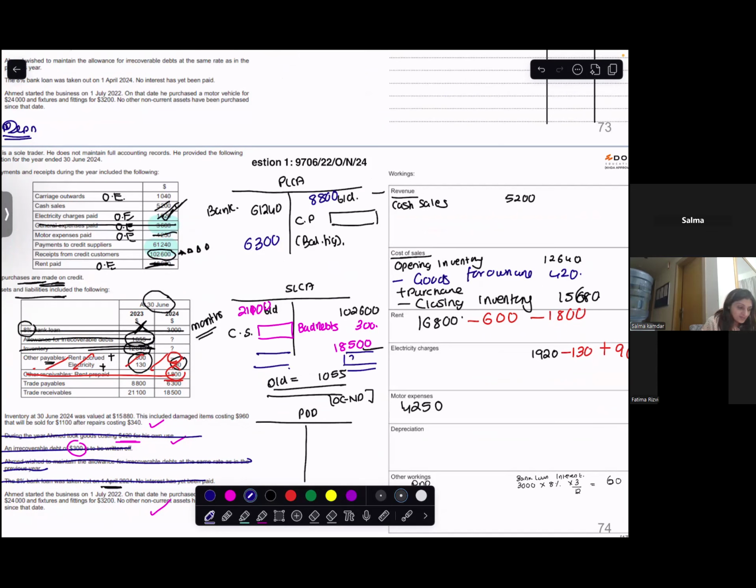So this becomes 121,400 minus 21,100. So my credit sales is 100,300.